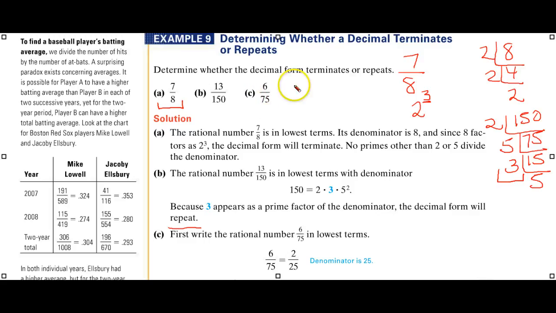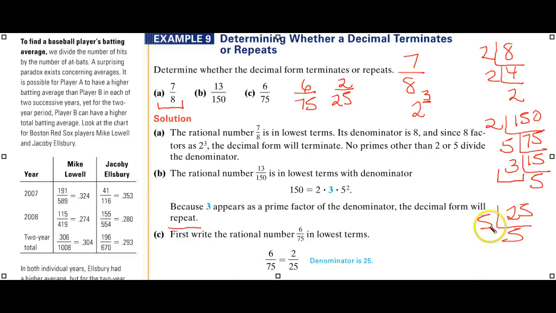Now as we look at this one, we have 6 over 75, and we know we can take a 3 out of each one. 3 out of there is 2. 3 out of there is 25. Now the prime factorization of 25 is a 5 and a 5.